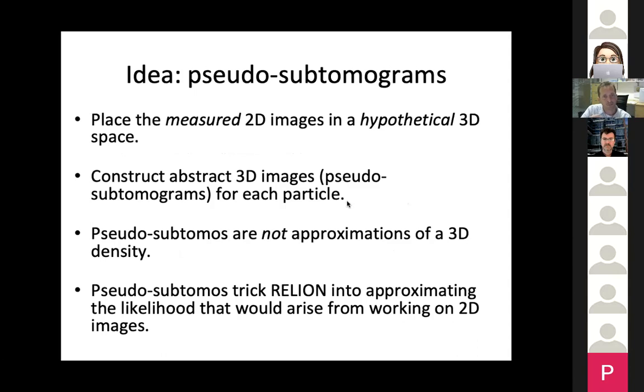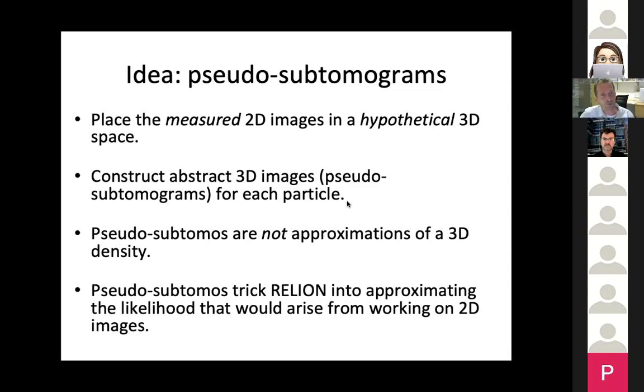Now, what we did was we came up with this idea of pseudo sub-tomograms, and I have to say we're not the only ones to do so, nor the first ones. I think there was this constrained refinement of tilt series images previously. What was that? Bartasagi, I think, and I think similar concepts in M from Dmitry Tikhonov as well.